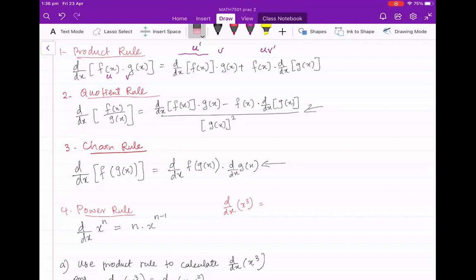Like f of x? I thought this is f of x. Kai, can you be more specific? Did you want to change the notation?